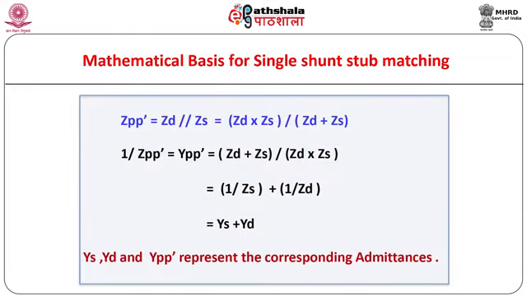Thus, we have ZPP dash equal to Zd in parallel with Zs, and YPP dash, which is equal to the reciprocal of ZPP dash, as Ys plus Yd, where Ys, Yd and YPP dash represent the corresponding admittances.